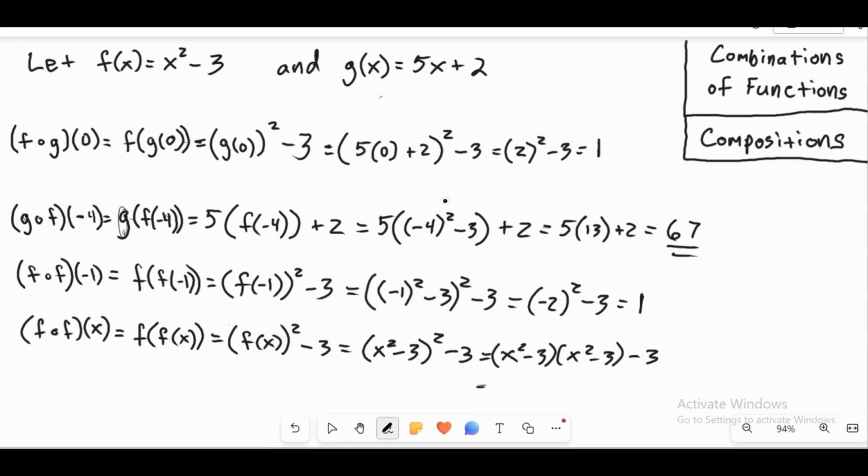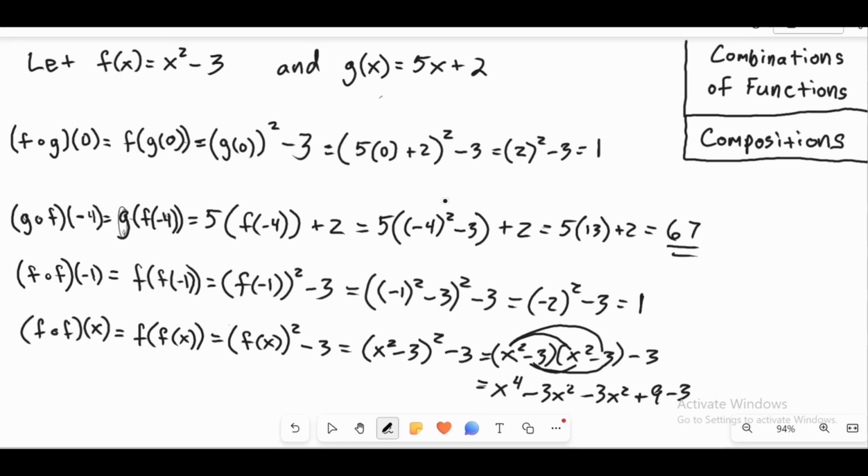So watch this. We have to do x squared times x squared. Well, x squared times x squared, that's x to the 4th power. X squared times negative 3 is minus 3x squared. Negative 3 times x squared is another minus 3x squared, and then negative 3 times negative 3, that's plus 9, and then we're going to minus 3 from it.